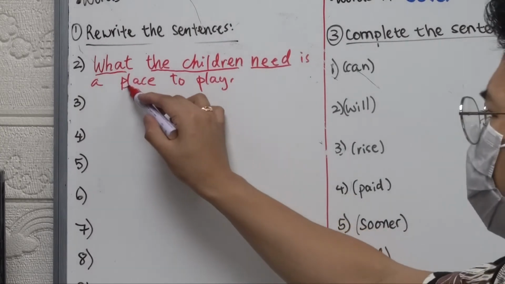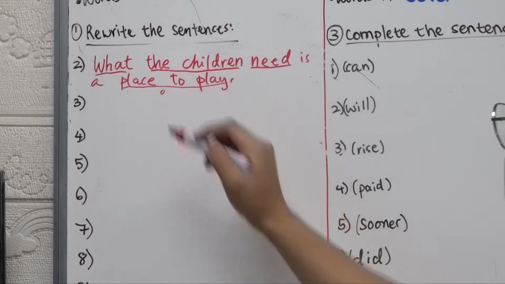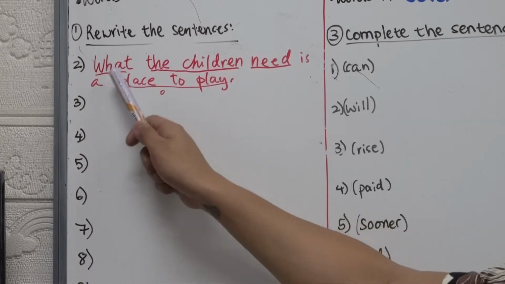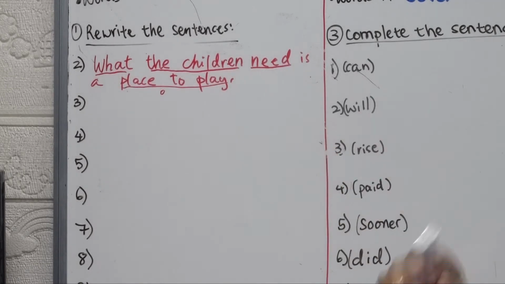This here is the object, a place to play. So it's similar to the normal structure: the children need somewhere to play. What the children need is a place to play. So "what" here refers to the need of a place to play. That's where we put the emphasis.